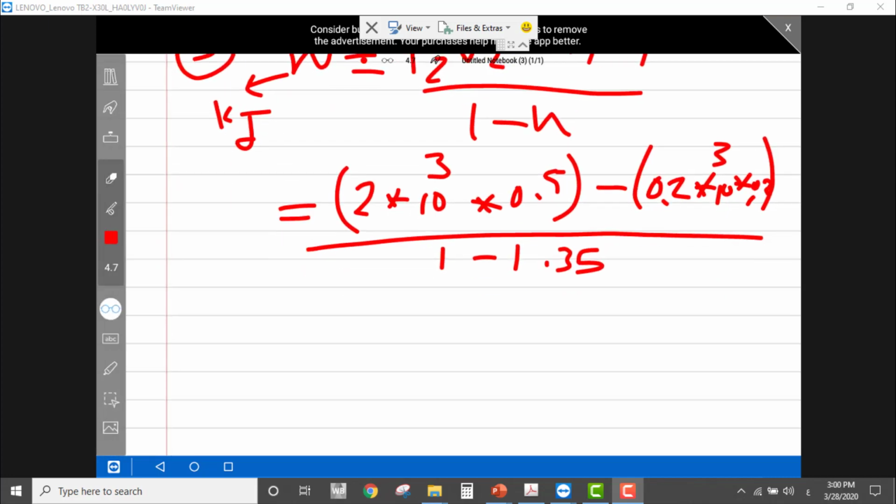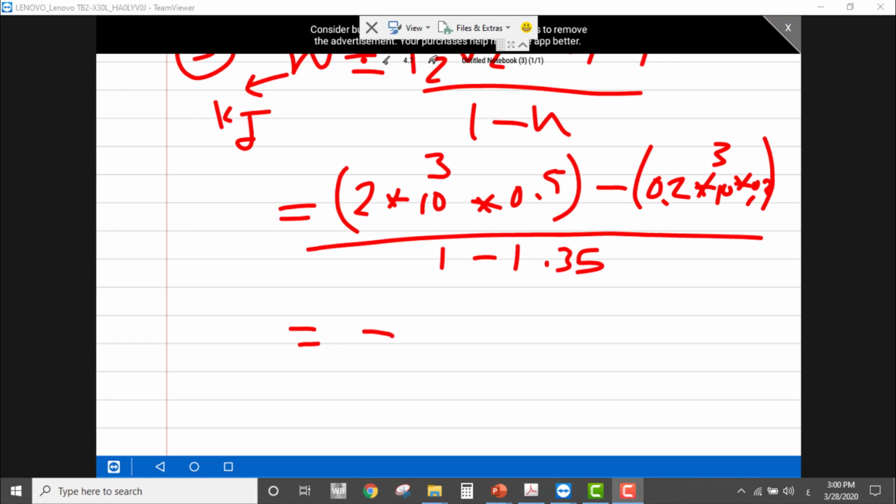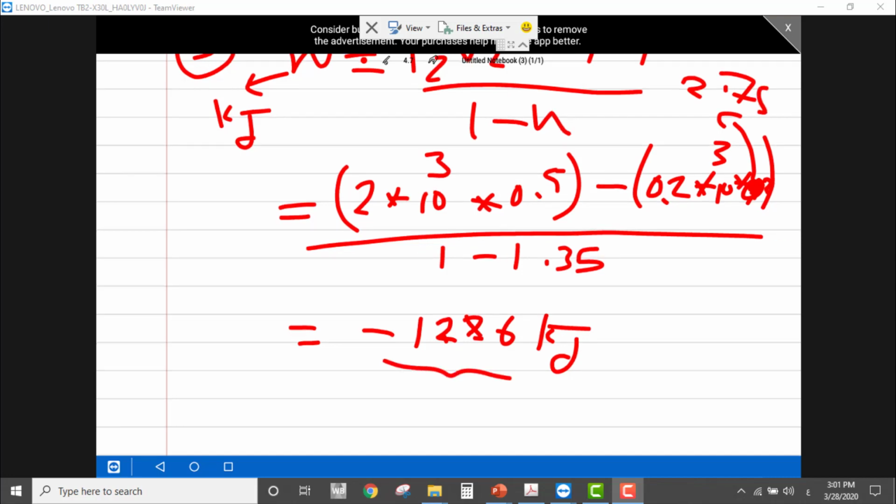Use your calculator, and you will find that the work equals, because this is compression, a minus sign, minus 128.6 kilojoule. This one is not 0.2, it is 2.75. If you do so, you will find that this is the final answer.